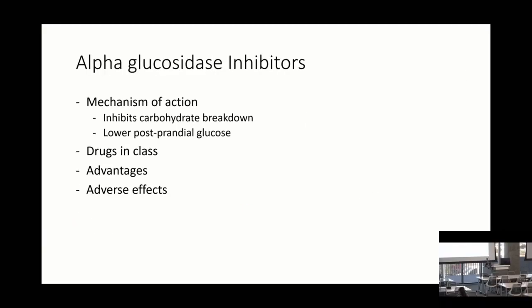Then alpha-glucosidase inhibitors. This is a class that inhibits carbohydrate breakdown in the intestines. Alpha-glucosidase breaks down carbohydrates in the intestines, and if you don't break them down, you're not going to absorb them. So that's how they work. They lower postprandial glucose. What medication is in the class? Anybody?